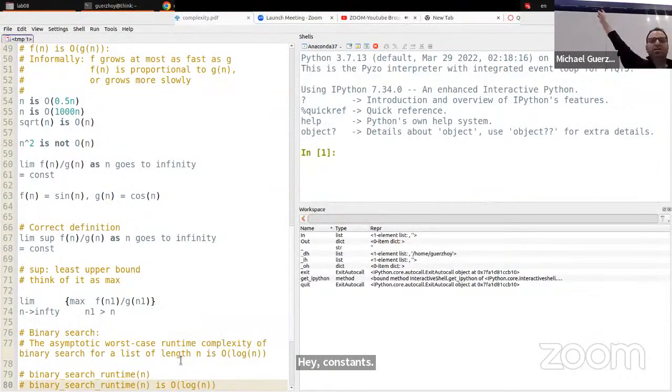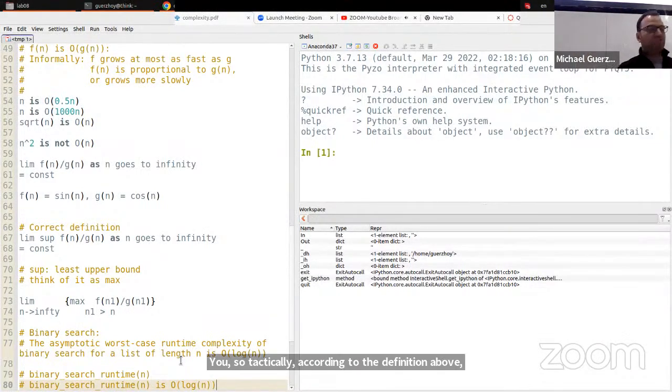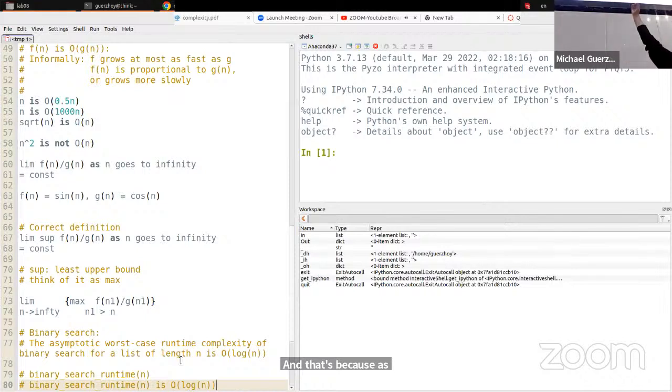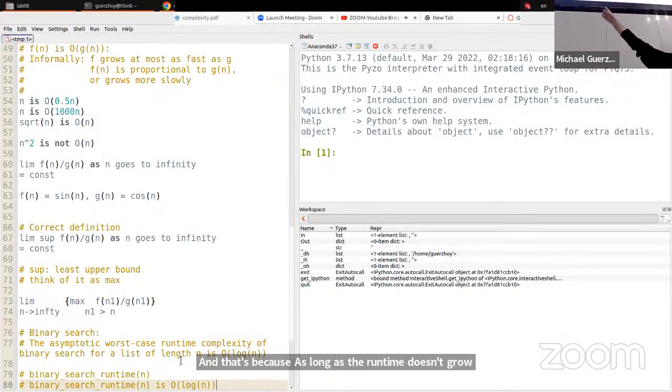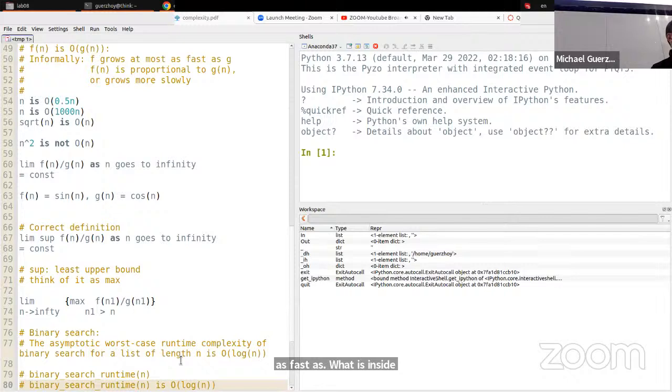So technically, according to the definition above, it's true that it's also O of n to the 1000. And that's because as long as the runtime doesn't grow as fast as whatever is inside the O, that's technically correct.